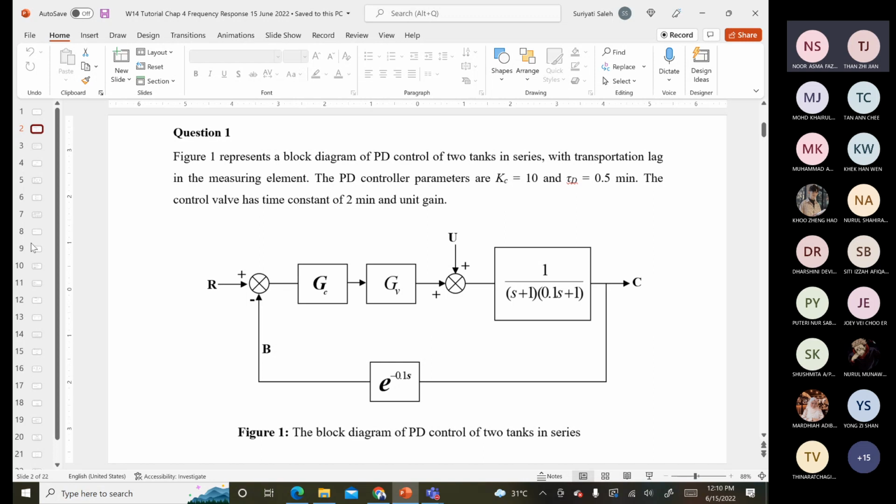The PD controller parameters are Kc equal to 10 and tau d equal to 0.5 minutes. The control valve has a time constant of 2 minutes and unit gain. So what can be extracted from this information is, first, we need to refer to the block diagram.